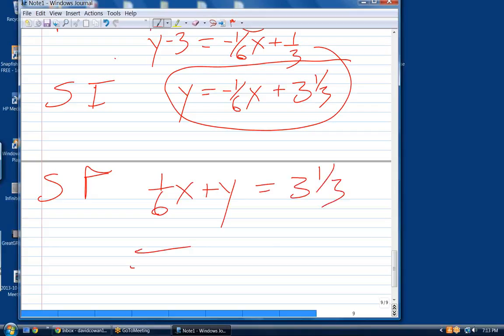So that's almost standard format. It's very close. The only thing that standard format dictates is that you don't have any fractions. So what do I have to do to this to get rid of all my fractions? Notice 10/3. You have to multiply both sides by 6 and then both sides by 3. Just by 6.